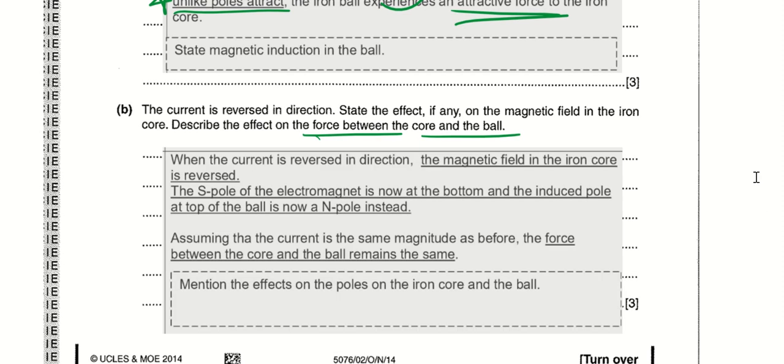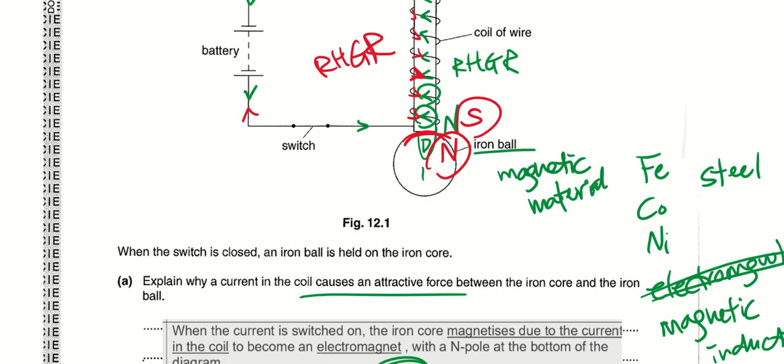Okay, when the current is reversed in direction, the magnetic field in the iron core is reversed. They want us to state the effect, if any, on the magnetic field in the iron core. So we need to say that the magnetic field in the iron core is reversed. So the south pole is now at the bottom, and the induced pole at the top of the ball is now a north pole instead. Look at my red color drawing, right?